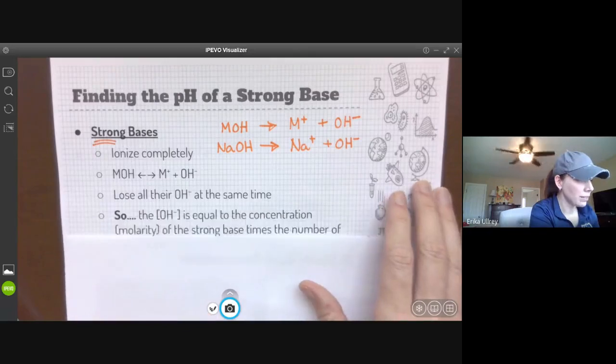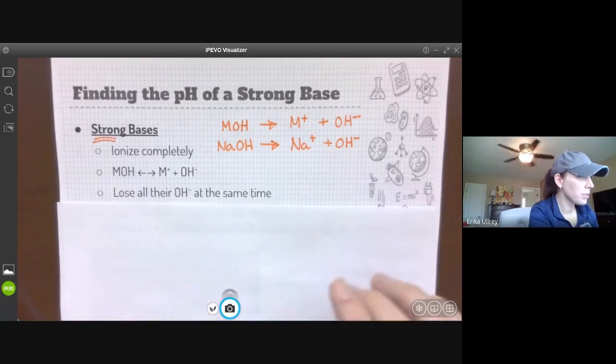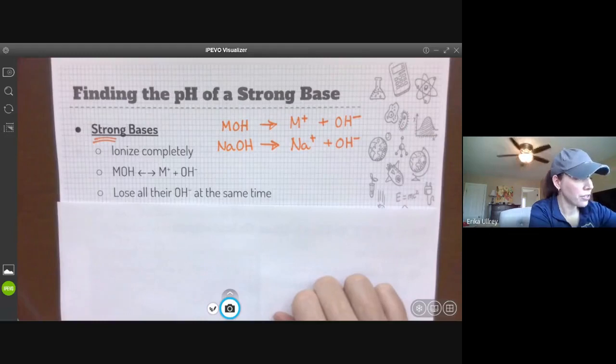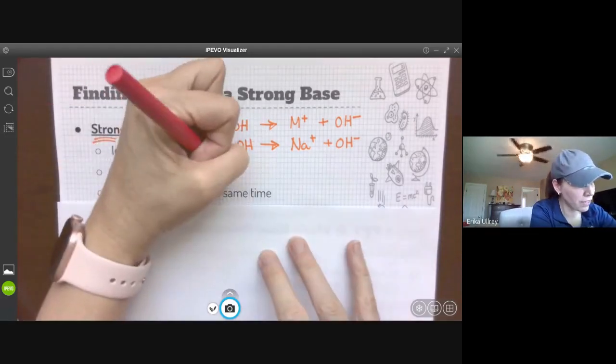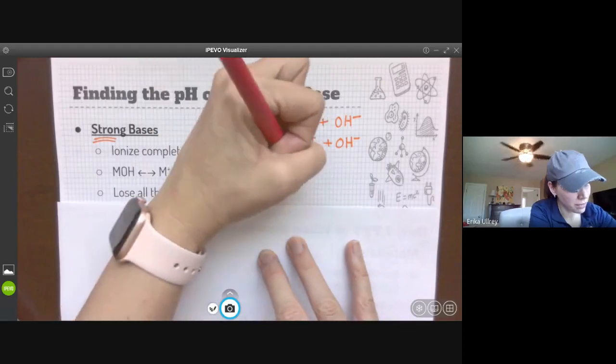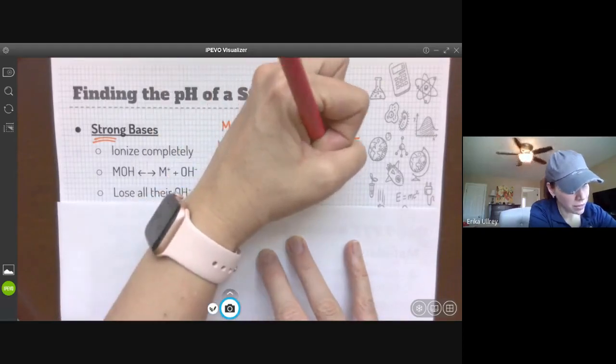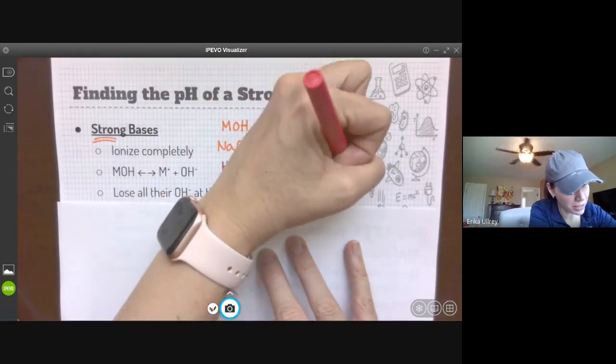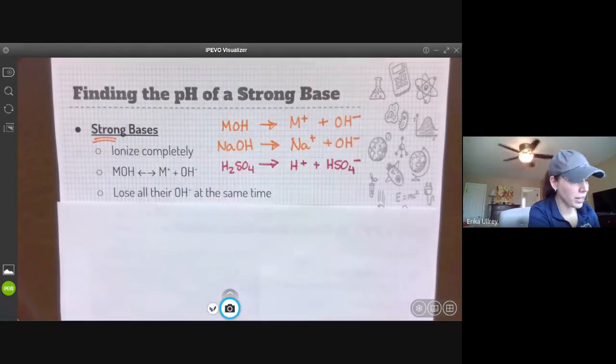With acids, we talk about them losing their hydrogens one at a time. So if we have H2SO4, when it ionizes, we get H plus and HSO4 minus, one hydrogen at a time.